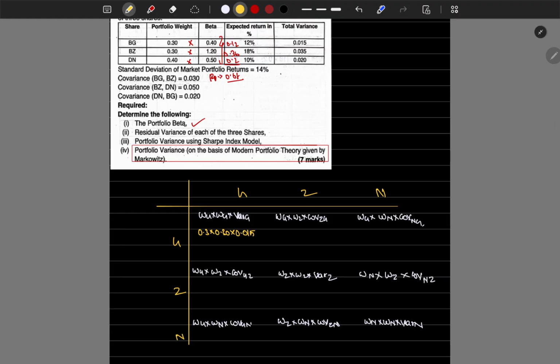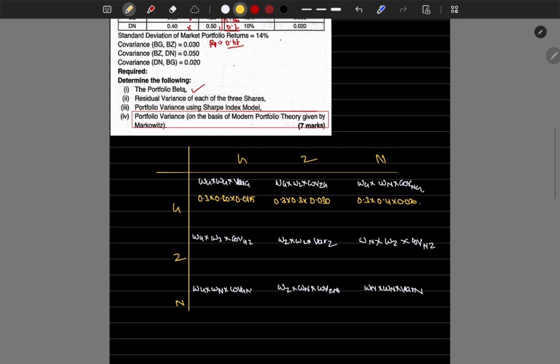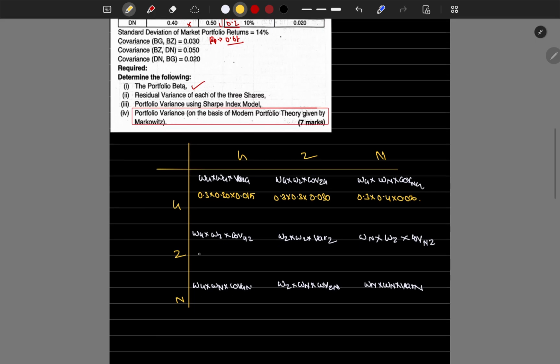Then weight of Z, 0.3, into covariance ZG, which is 0.030. Then 0.3 into 0.4 into covariance NG. Weight of G, which is ZN.